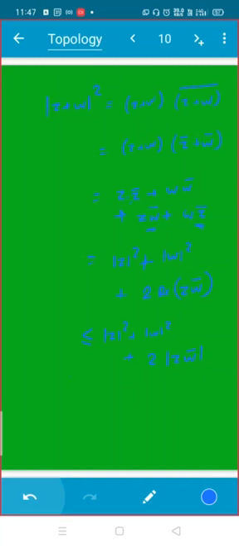Not mod of Z, someone else. What next? Mod of Z plus mod of W the whole square. No, that is not true here. I cannot do that. Someone else. Neha, Ritika.